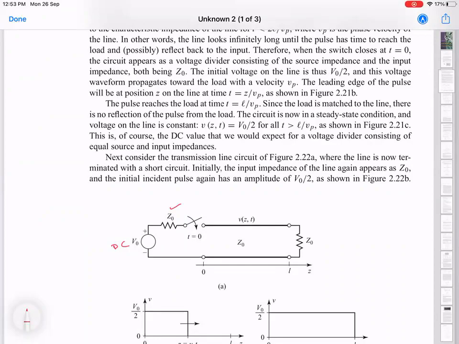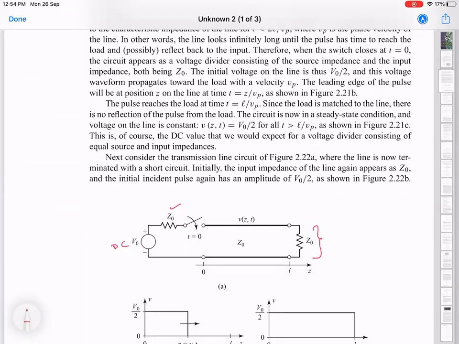Now, we will actually do this problem in the reverse order than how it's explained here, which is in steady state, how much voltage is going to be dropped here? So your DC voltage is V0.